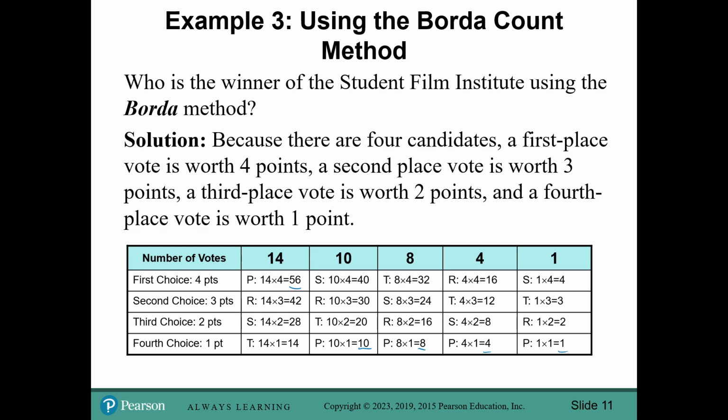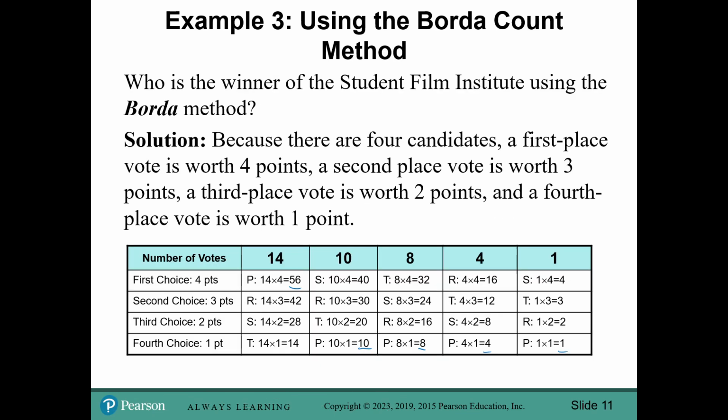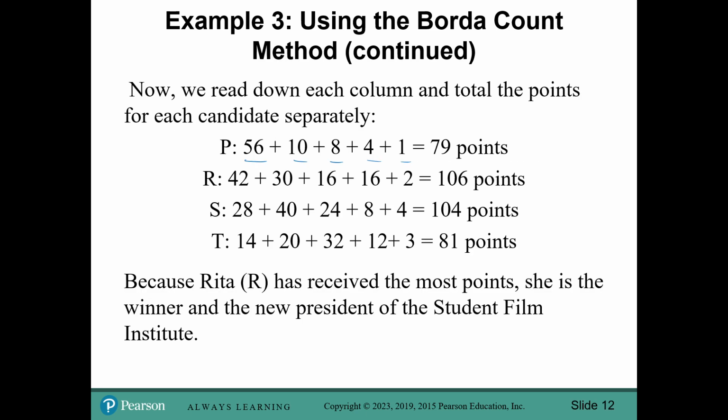We're totaling up his points. Same thing for R. We're looking at 42, 30, 16, 16, 2. It just comes directly from the table. And we do this for each of the candidates. So S is 28, 40, 24, 8, 4. T is 14, 20, 32, 12, 3.